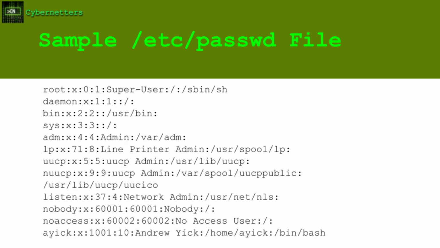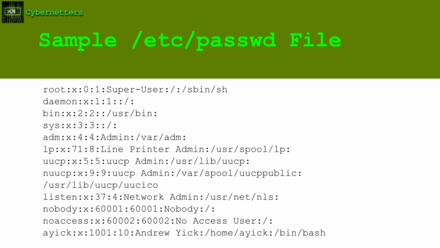Alright, so here is a sample /etc/passwd file. I'm not going to go too in depth, but it basically stores the user account information. Each of these lines represents a user with fields separated by colons. As you can see, the root user has UID 0, or full system control, and then daemon is for system service accounts, which are not actual users.